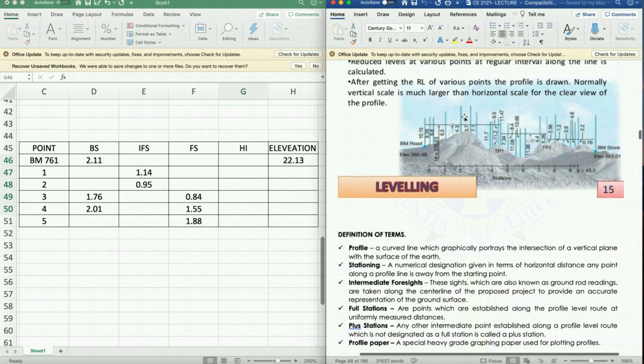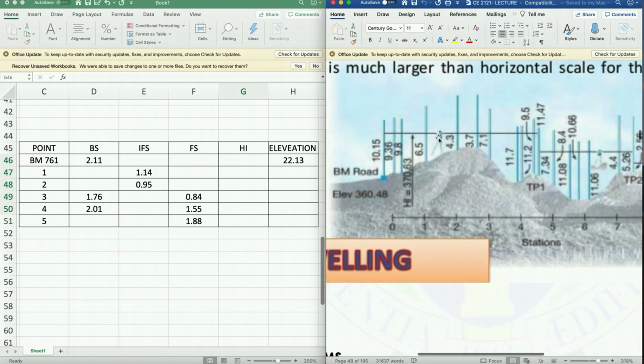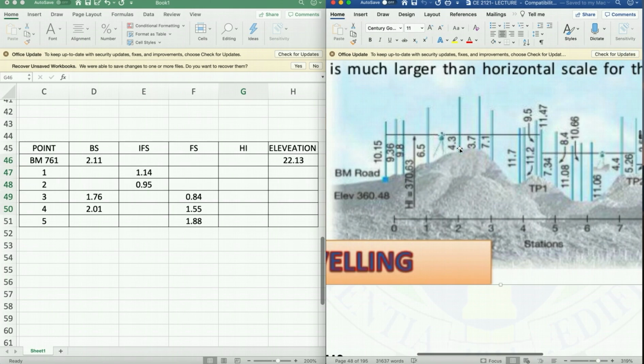So, if you're going to check here carefully, andito yung instrument natin, nagdagdag lang tayo ng mga iba pang reading para mas mabasa natin yung profile or makita natin yung iba't ibang elevation before tayo pumunta kay TP1. Therefore, IFS is still FS in the sense na siningit siya in between your instrument and your foresight.